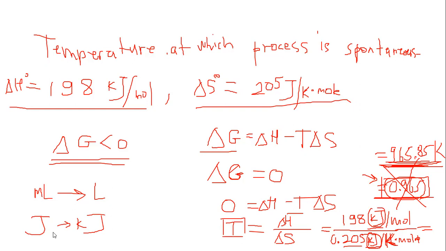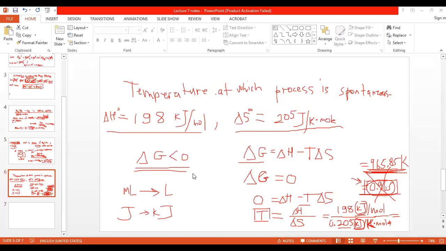So what did we find eventually this time? We found delta H, delta S and the temperature. Now we can find the delta G. No, listen to me, we don't care about delta G. Now we can know if it is spontaneous or not spontaneous.